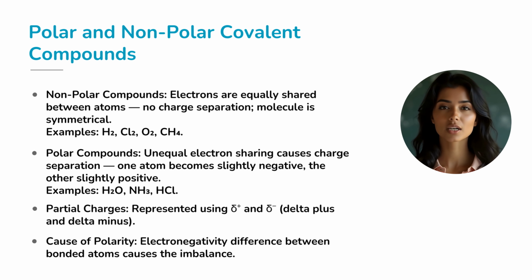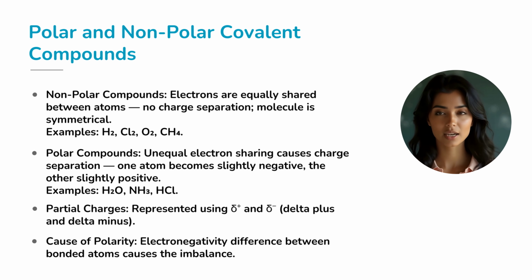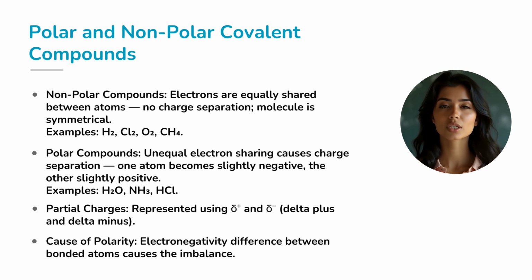This creates a partial negative charge on Cl and a partial positive charge on H. We write this as delta minus on Cl and delta plus on H. Same happens in H2O and NH3, giving these molecules a dipole moment and making them polar. Polar molecules tend to dissolve in water and show interesting behaviors like hydrogen bonding, a key force in biology and chemistry.